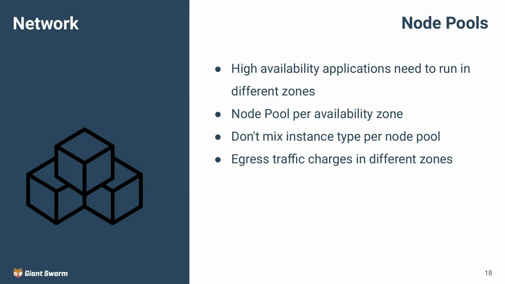You could create a node pool across different availability zones, but then for the autoscaling, it will be hard for the automation to decide how to spin up a new node and in which zone, because usually the zones are related to the node pool. So the advice here is use a node pool by zone and don't mix the instance type, because you have to have a consistent pool of computing resources, and mixing this up will make the scaling part hard too. So I will advise always using the same type of instance across your node pool.